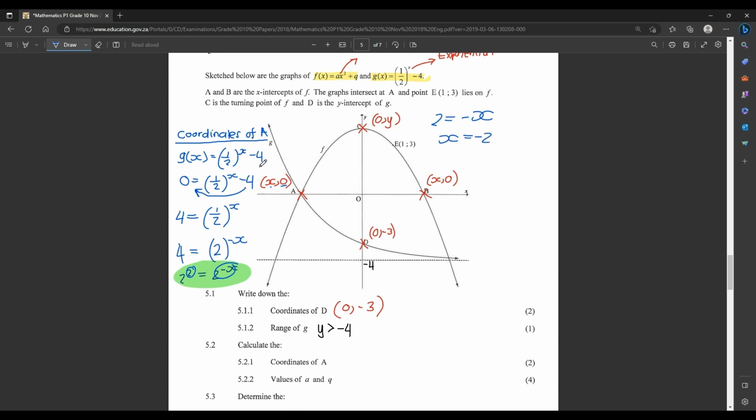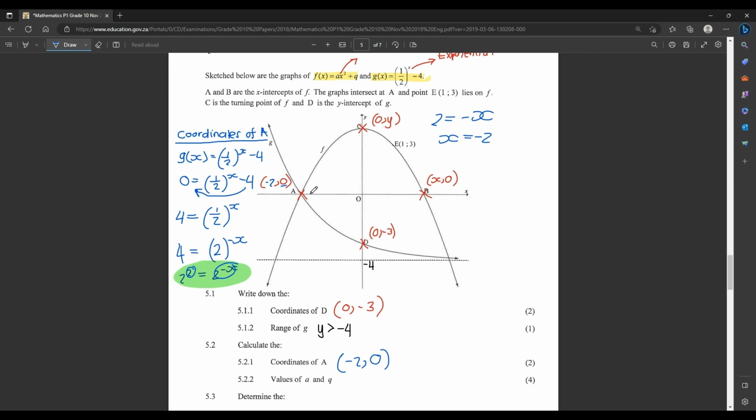We've just taken this exponential function, used two exponent laws, and gotten to this point. So we can then write the coordinates of A. A has an x value of minus 2 and a y value of 0. And we can always check that. If we look at the position of A on this graph, it is in the negative x region, so it makes sense that it has a negative x value of minus 2.